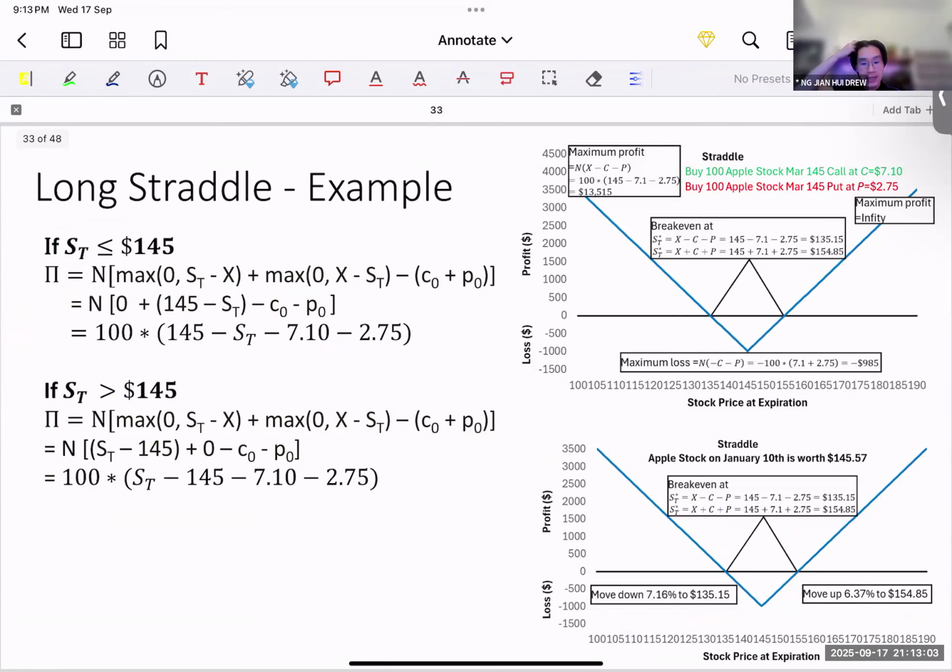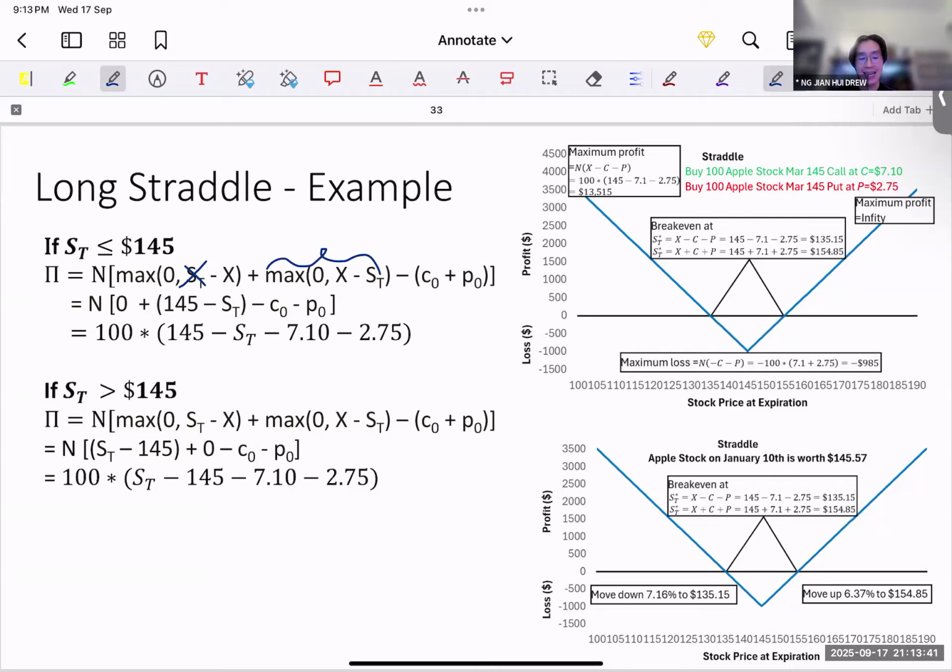Okay, so we have an example here. We have a 145 call for Apple and a 145 put. If the stock price is below the strike of 145, we start making the profit, right? The call is nothing because it's out of the money, but this is where our put is going to make some money.